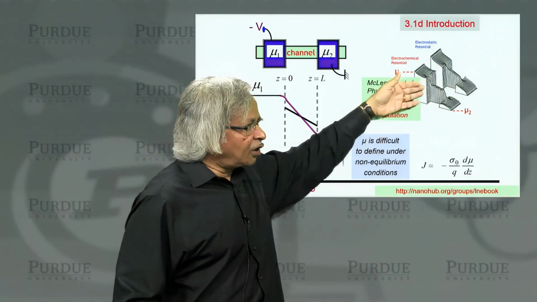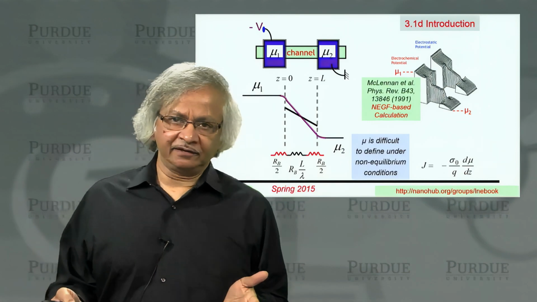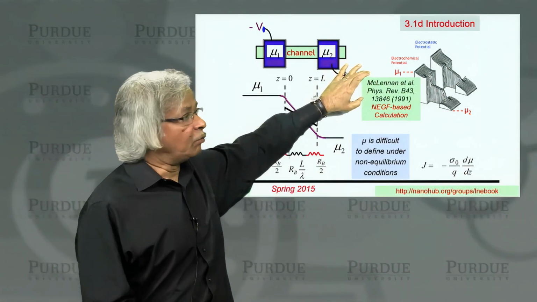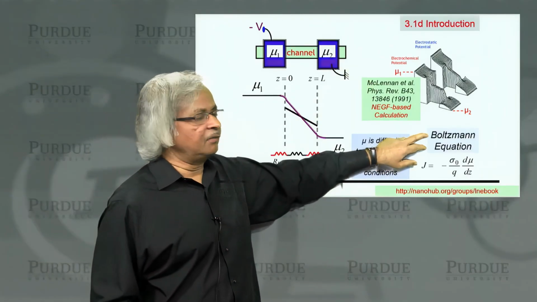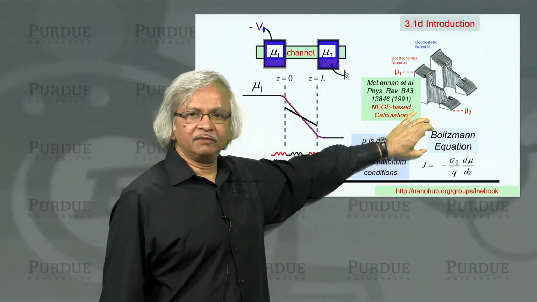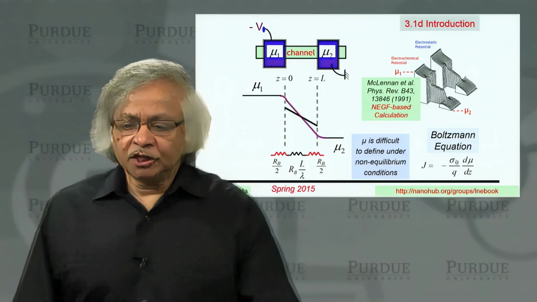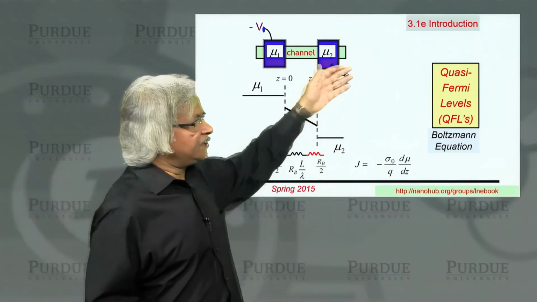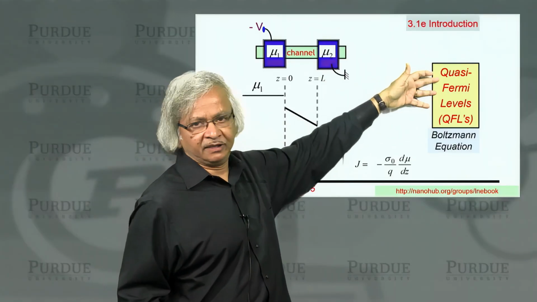Now, of course, to talk about electrochemical potential inside, you have to be careful on how you define it. And in this paper that was done based on quantum transport. What we'll do in the course of these lectures is we'll talk about how you define it in the semi-classical context in terms of the Boltzmann equation. And what we'll show then is that this will introduce, using the Boltzmann equation, this whole concept of quasi-Fermi levels.